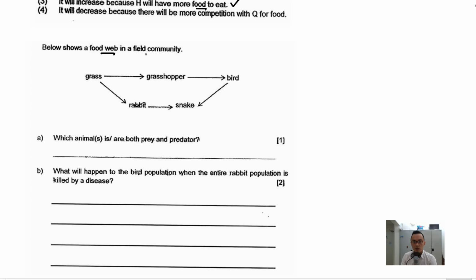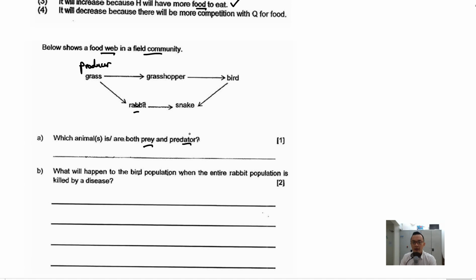It's a food web in a field community. So there's grass, which is eaten by grasshopper, which is eaten by bird, bird is eaten by snake, grass is eaten by rabbit, rabbit is eaten by snake. So this is my producer, alright. So which animals are both prey and predators? Again, you need to find a prey. So remember, predators are those that hunt and kill other animals, and prey are those that are hunted.